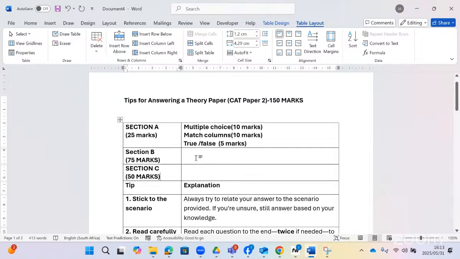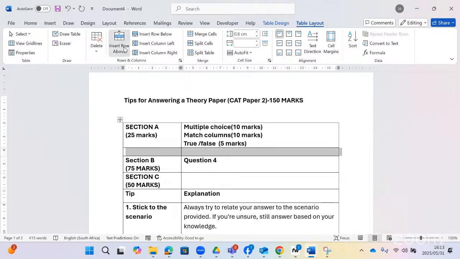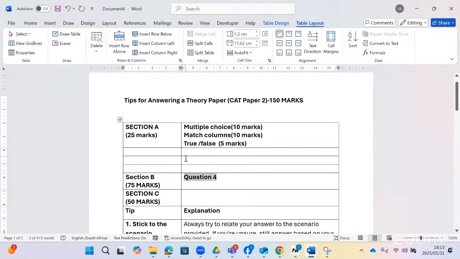Now, section B comprises question 4, which is system technologies, and then question 5 will be network and internet technologies.